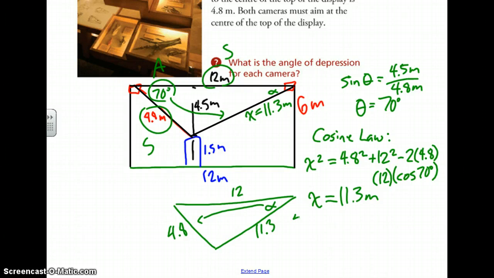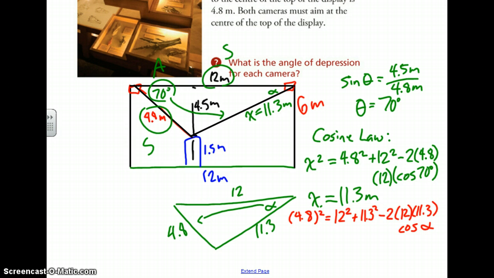That's the 4.8, so 4.8 squared equals 12 squared plus 11.3 squared, take away 2 times 12 times 11.3 times cos alpha.